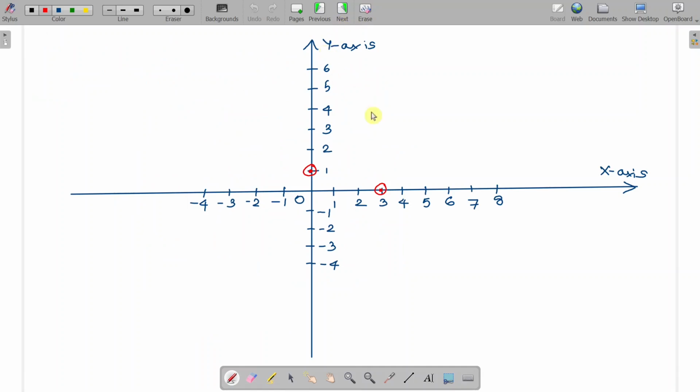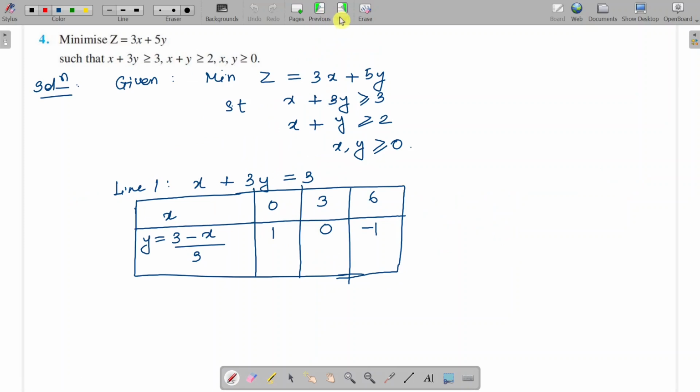So 6, minus 1 is here. If we join these 3 points, we get this line, and the name of the line is x plus 3y equal to 3.